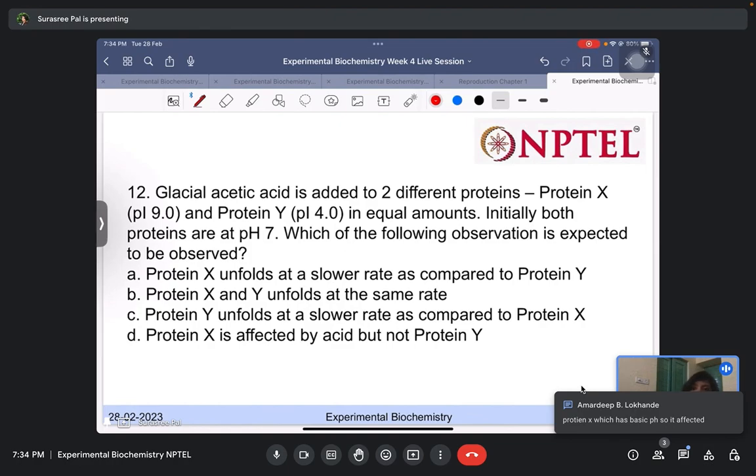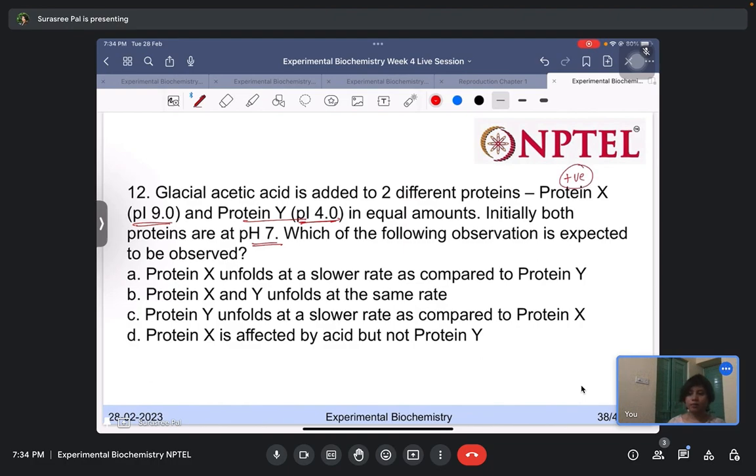Okay, so protein X is a basic protein, as you already said, right? Because you can see that it has a pI in the basic range, whereas protein Y is an acidic protein. So of course, protein X at pH 7 has basic amino acid residues that will be positively charged, so the positively charged residues are present in this particular protein.